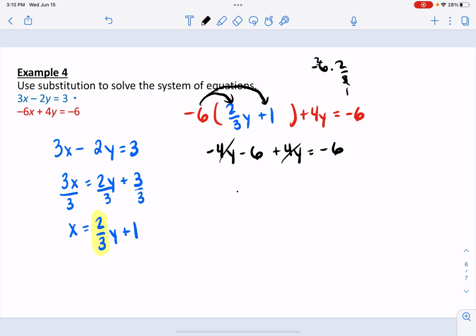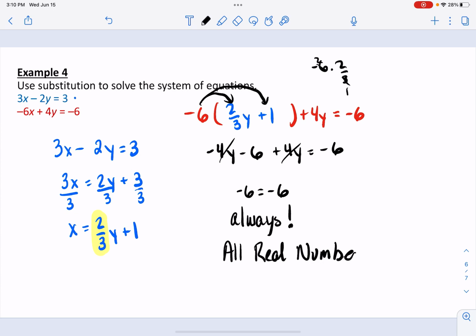The 4y's cancel. I get negative 6 equals negative 6. This always happens. This is always true. So that's why our solution is all real numbers. If you think back to the 6-1 video, what this means is that this is the same line. So this is consistent and dependent.